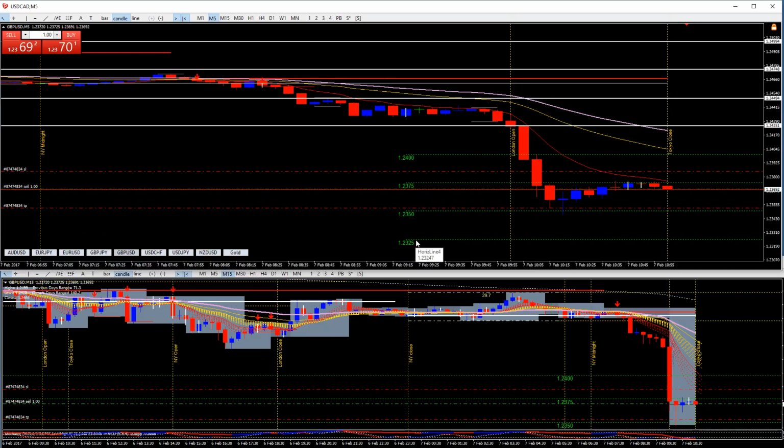But when I'm looking at a higher time frame, I've got some pretty big consolidation happening on the 1 hour. So it could be a while sitting in this trade, and I don't like that.